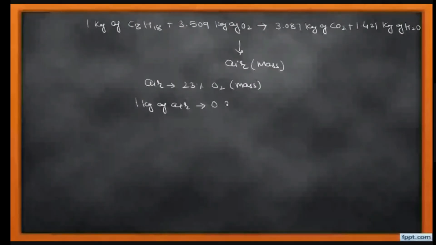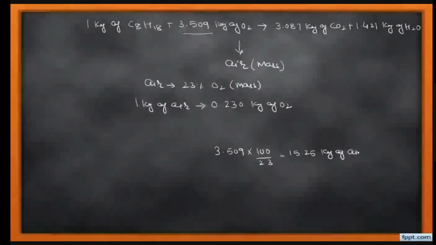So here we require 3.509 kg of O2, which means 3.509 multiplied by 100 divided by 23, so we get 15.25 kg of air to burn 1 kg of petrol.